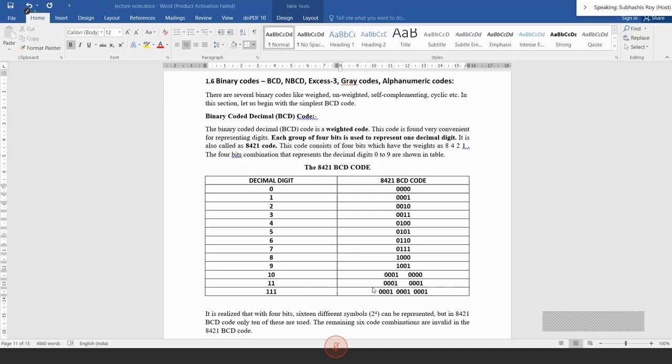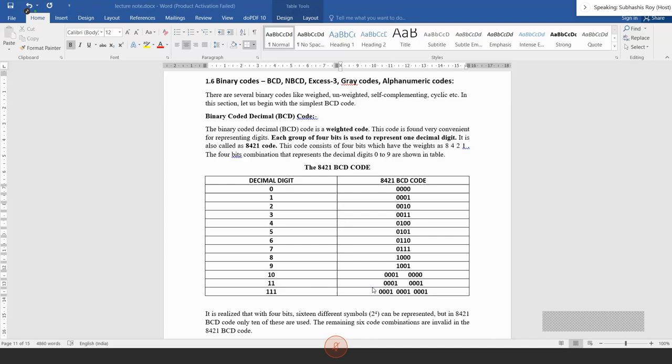So the corresponding BCD code will have 5 into 4, 20 bits. So 20-bit representation is not an efficient representation for 10,000.